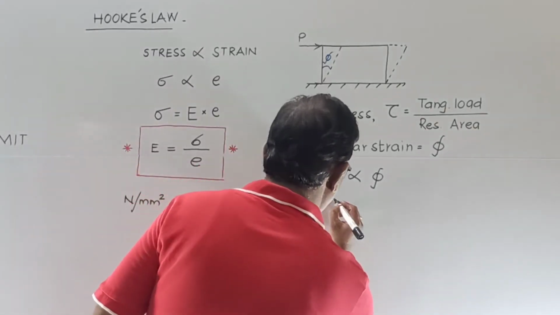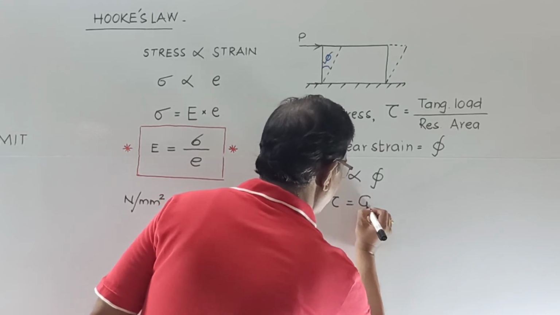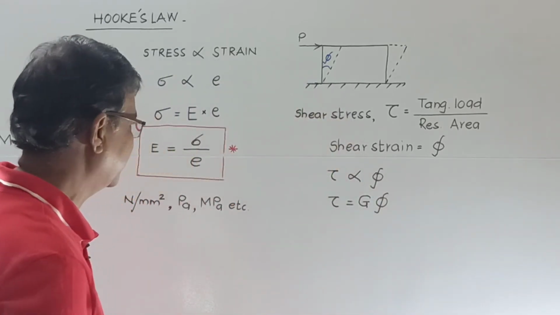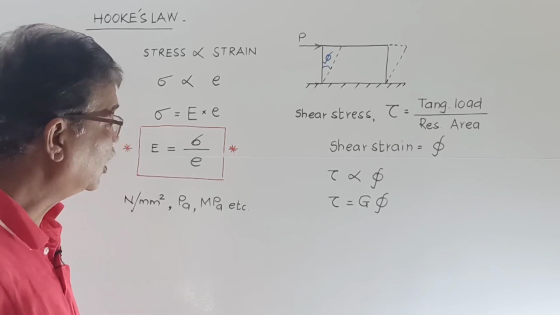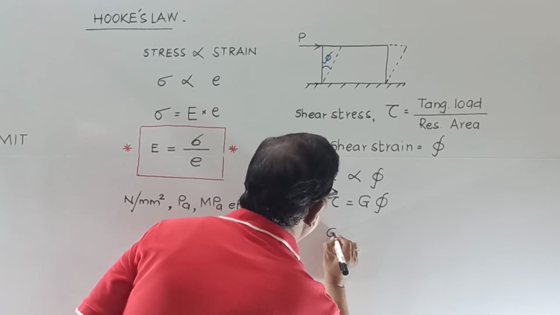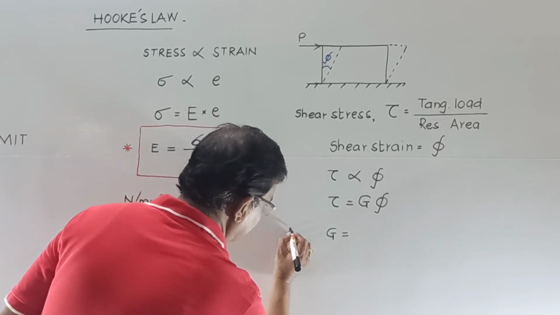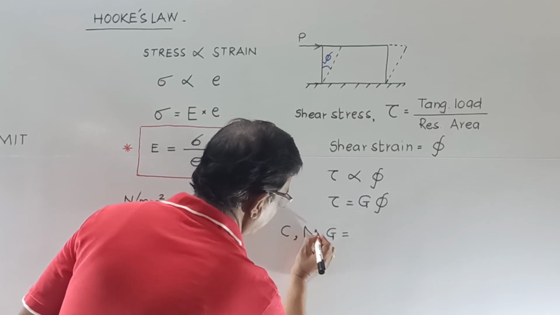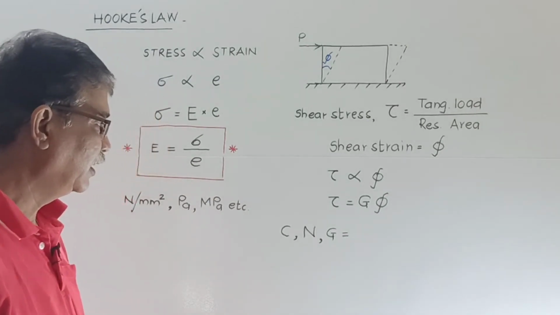Now to remove this sign of proportionality, I will place a constant, and this constant of proportionality is known as modulus of rigidity or shear modulus. This modulus of rigidity or shear modulus, some books represent by C, some books by G, some books by N. We will be representing it by G.